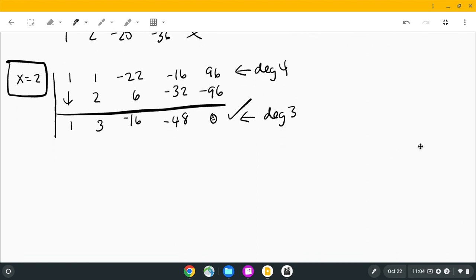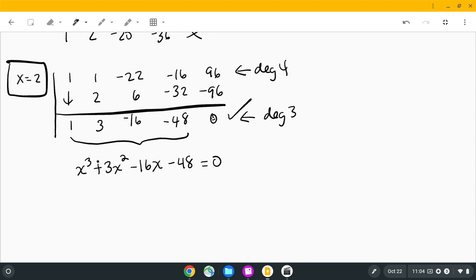Okay, so this is a degree 3. And so here, this is x cubed plus 3x squared minus 16x minus 48 equals 0. So hopefully you understand how I got these numbers here.